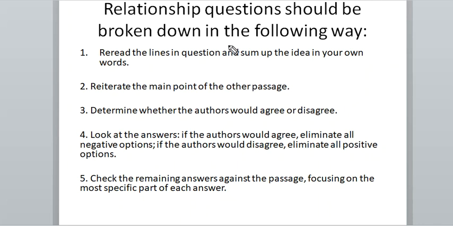So you decided the main idea from the line given, and then you decide on the main idea of the whole passage. Then you determine whether the authors would agree or disagree.